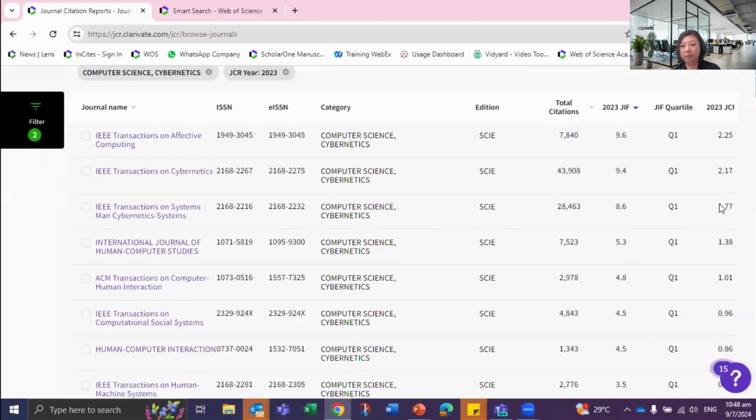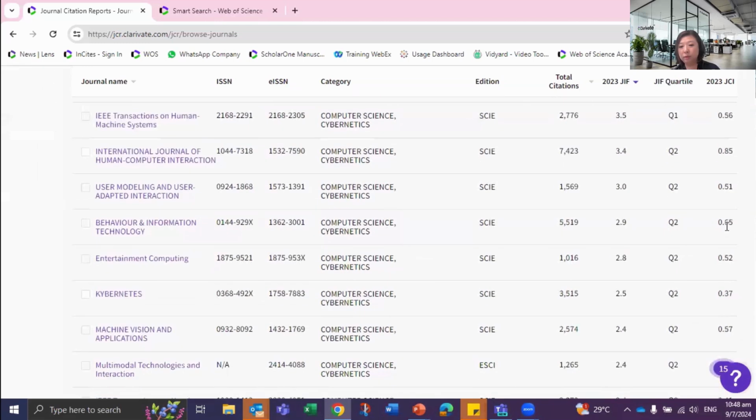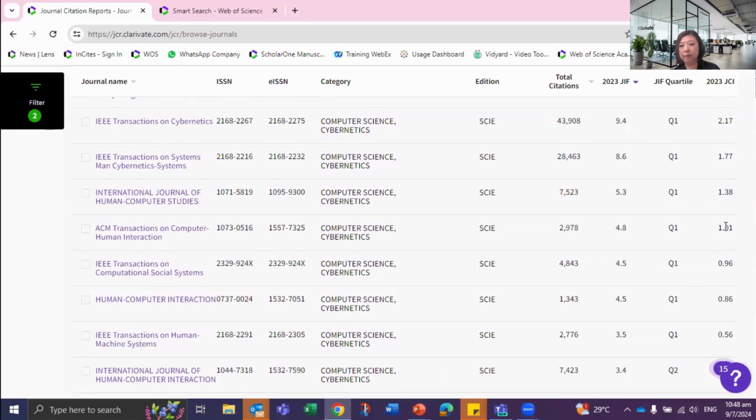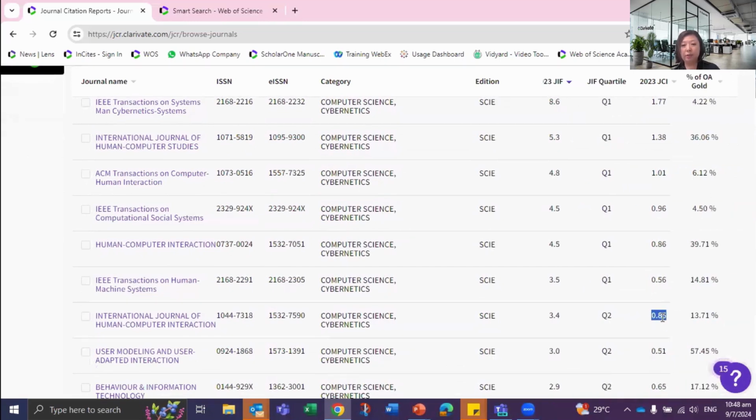So based on this, if you scroll down, you might observe that some journals, maybe this wasn't a great category to show you, but some journals like this one, okay, so the JCI is 0.85. This other journal, which is above it, is of higher rank and higher quartile and higher journal impact factor compared to the one here.